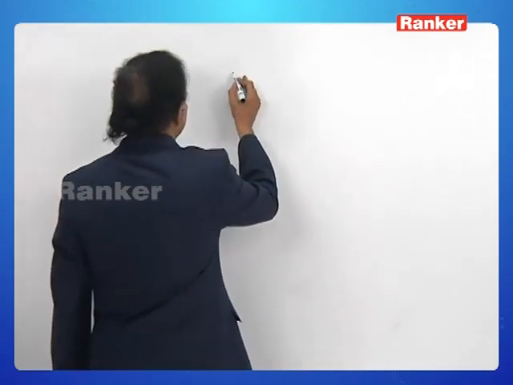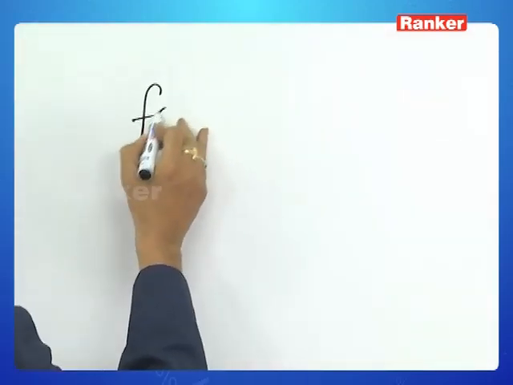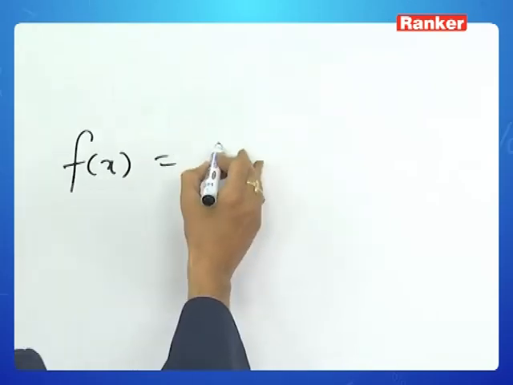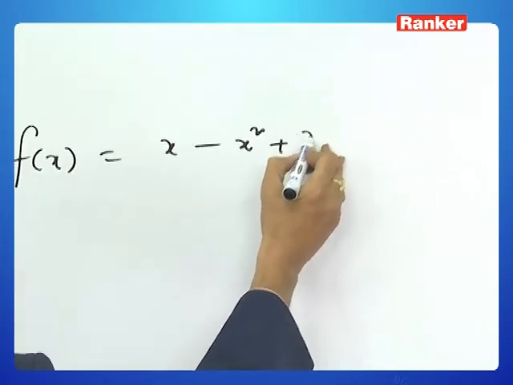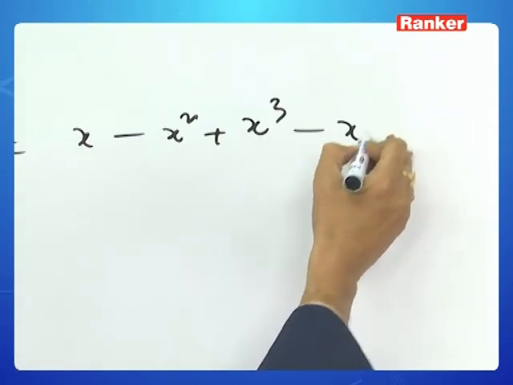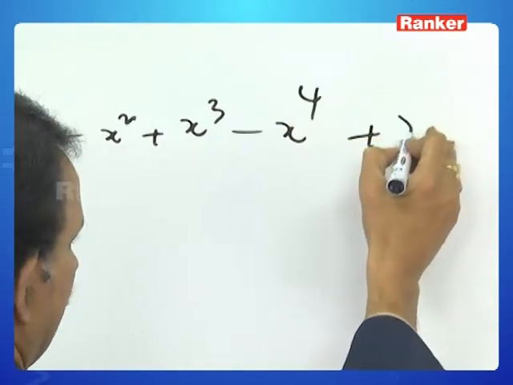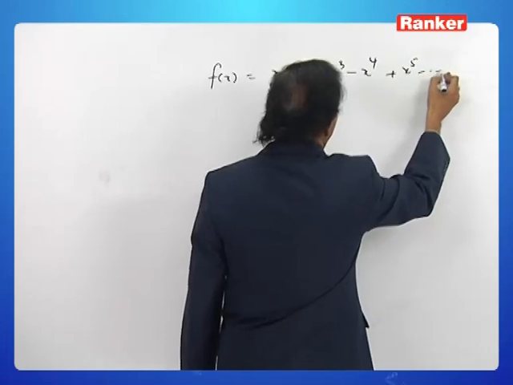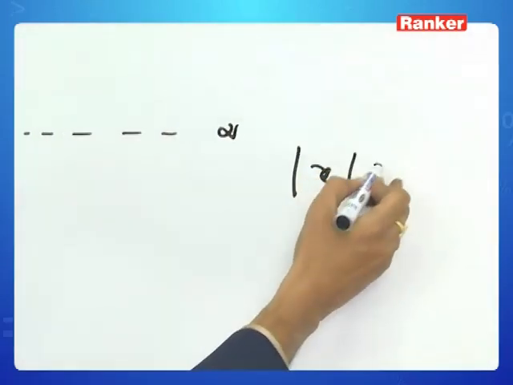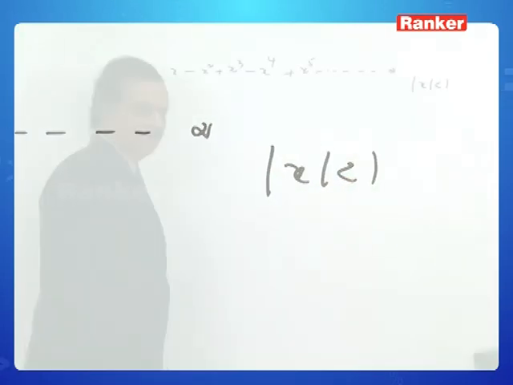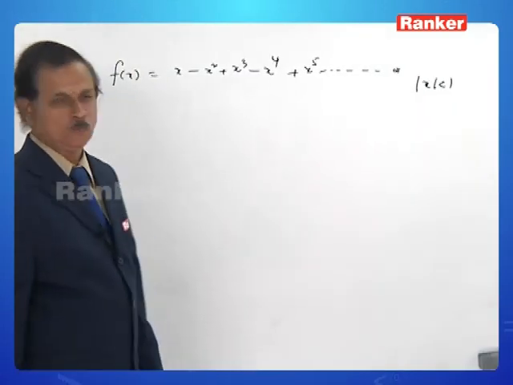F of x is equal to x minus x square plus x cube minus x power 4 plus x power 5 and so on infinity with mod x less than 1.